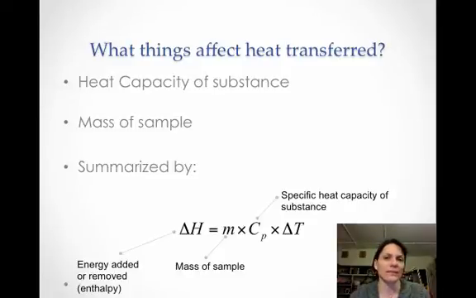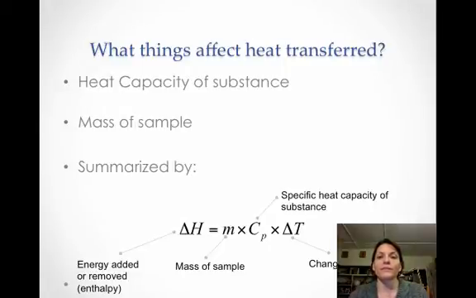Sometimes it's just called specific heat. And then delta T is the change in temperature. So here we have a very quick and easy way to measure the energy change in the system by measuring the change in temperature and the mass. Those are all things we can measure.